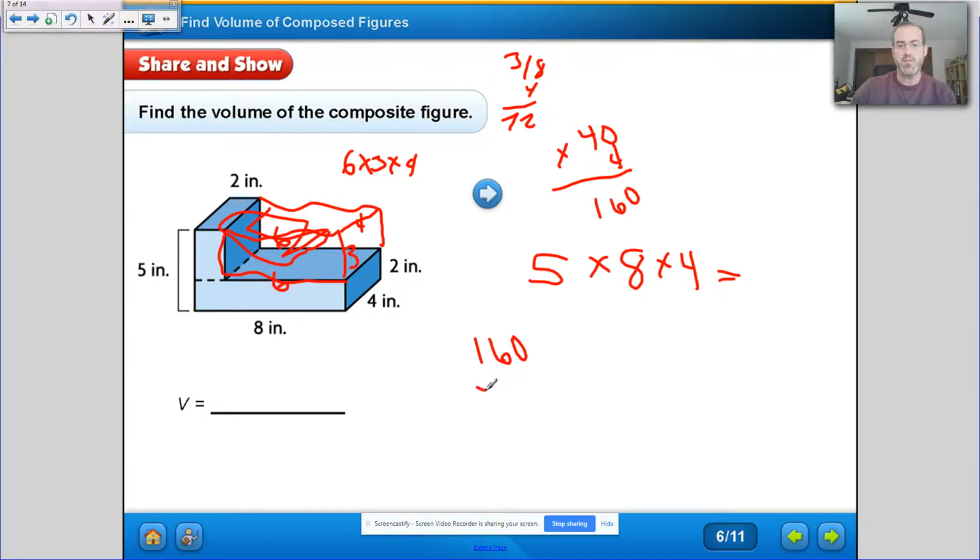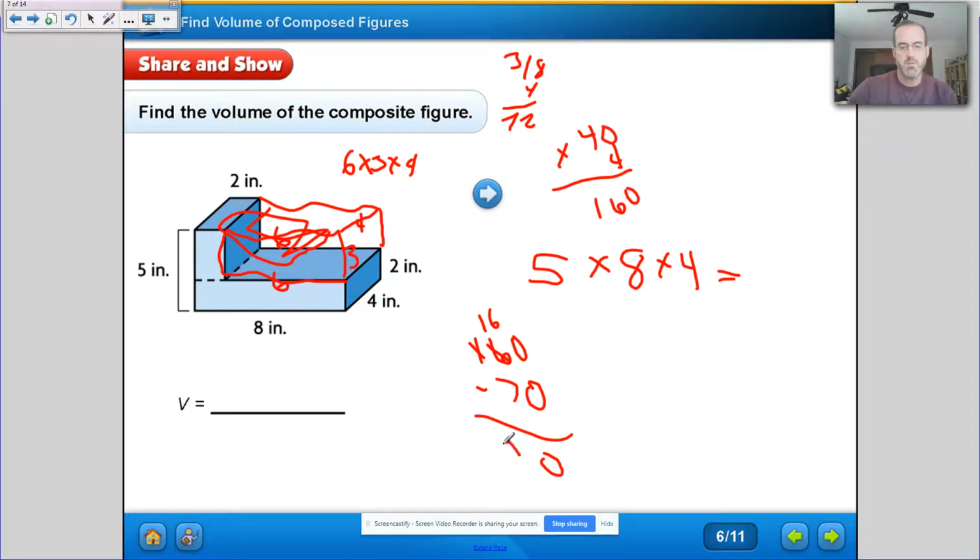So we need to take the volume of that piece away from the total volume we found. 0. Okay, we know we don't have enough 10s here, so we're going to borrow. So this becomes 16. Take that 100, add the 10s.